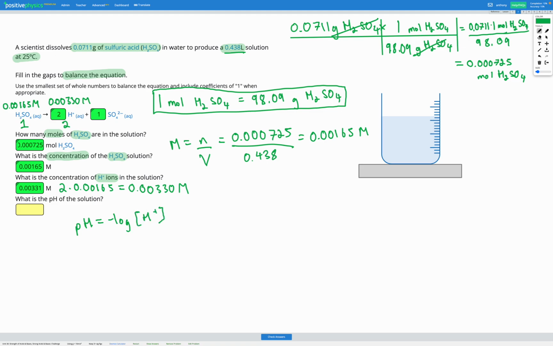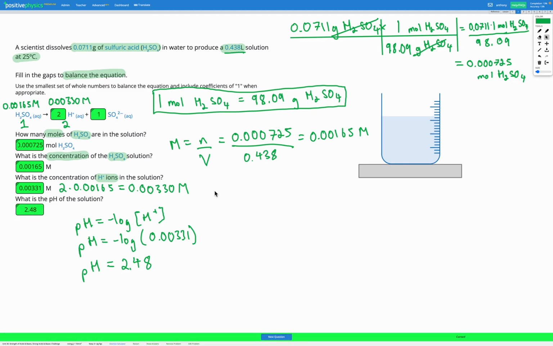We're trying to find the pH. We know the concentration of H+. So this is already arranged correctly for us. We just need to plug our numbers in. So we're going to get negative log the concentration of H+, which was 0.00331. If we put that into a calculator, we're going to get out a pH of 2.48. So we can go ahead and fill that in here.